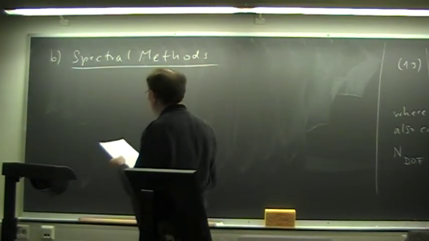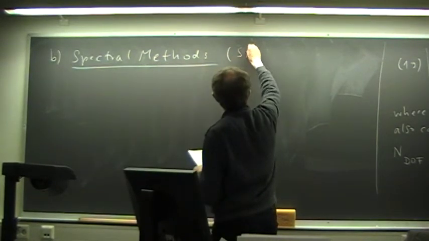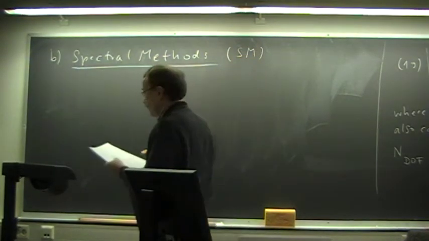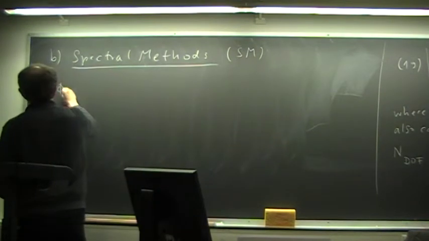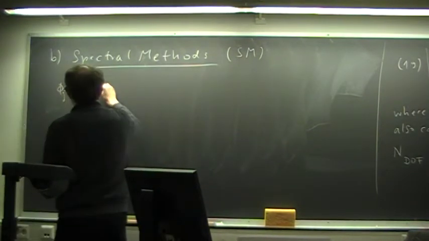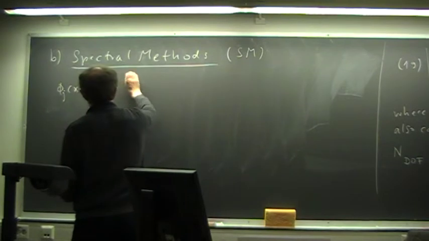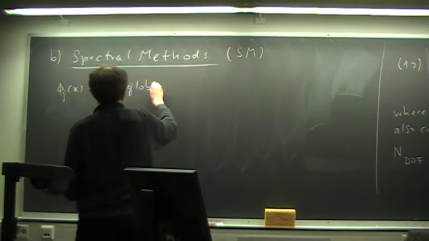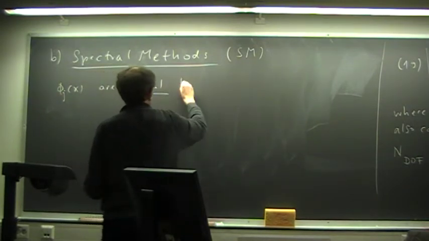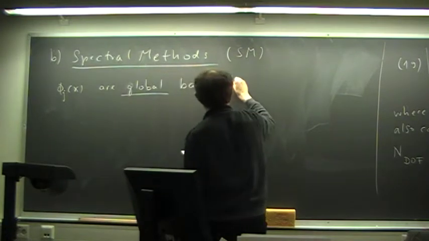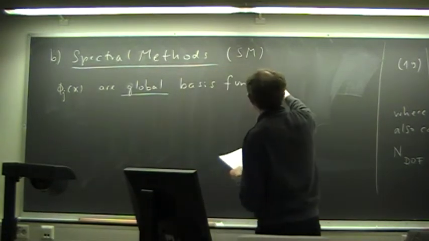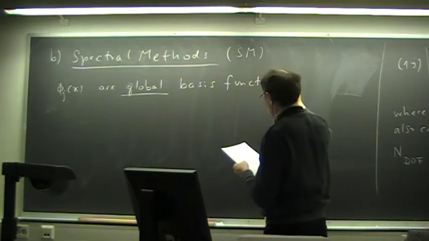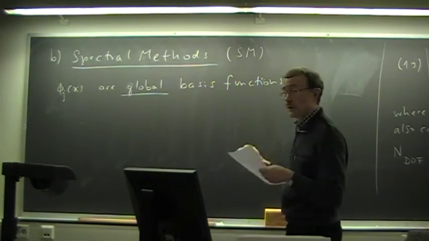And in spectral methods, I take the acronym SM. The phi j of x are global basis functions. That means they are defined in the whole interval.